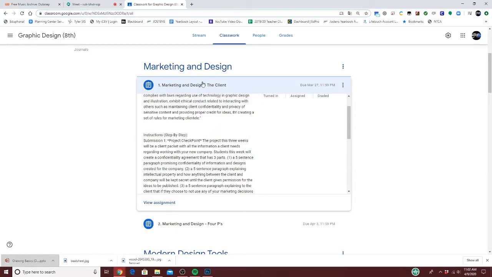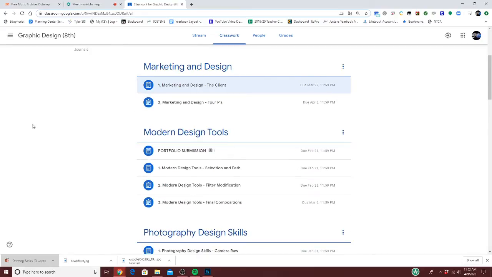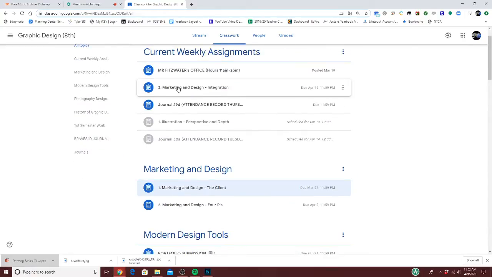So the first 2 of these are probably what you're going to see on your 3-week grade, because the 3-week grades are due Friday for us, which means you will not see these just yet, because the 3rd week of the unit will not yet be in. So you will get to see these eventually, but they won't be on there just yet.